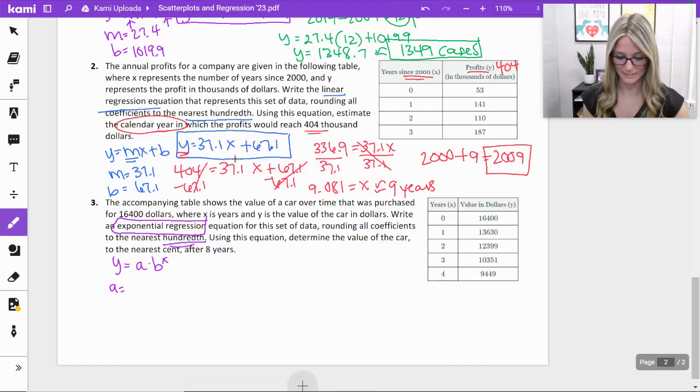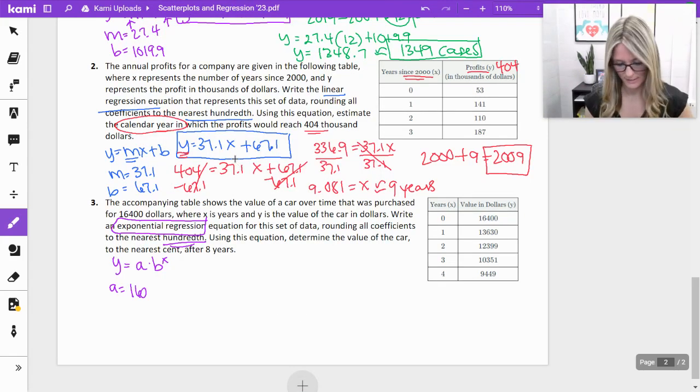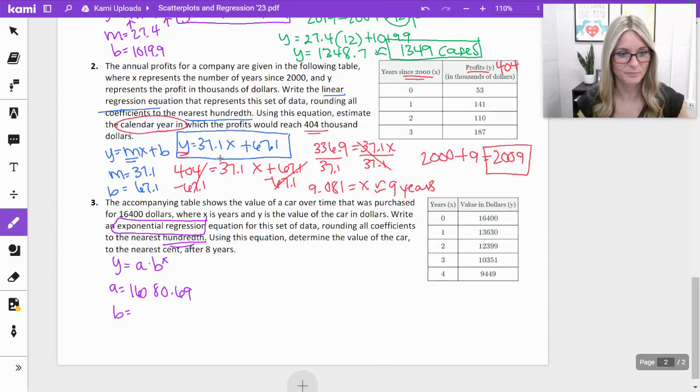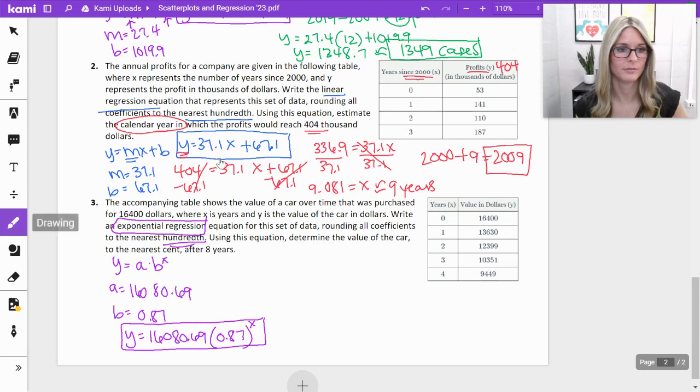So 1680.69 and b, 0.87. The 1 tells me how to round, says let it rest, so 0.87. So plugging that in, y equals 1680.69 times 87 hundredths raised to the x. There's your exponential regression equation.